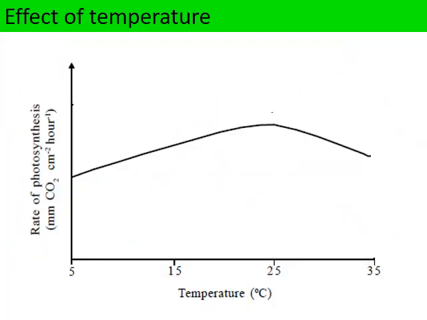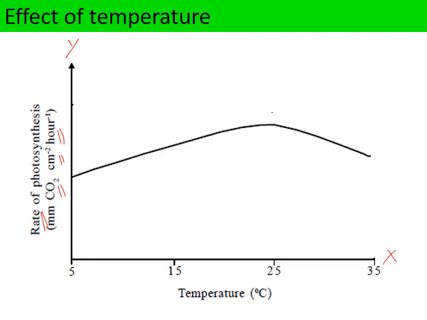So we can also look at the effect of temperature on the rate of photosynthesis. On the y-axis up the left we have the rate of photosynthesis, and that's looking at how much carbon dioxide is being incorporated or fixed per centimeter squared per hour, compared to the temperature, which is on the x-axis across the bottom.